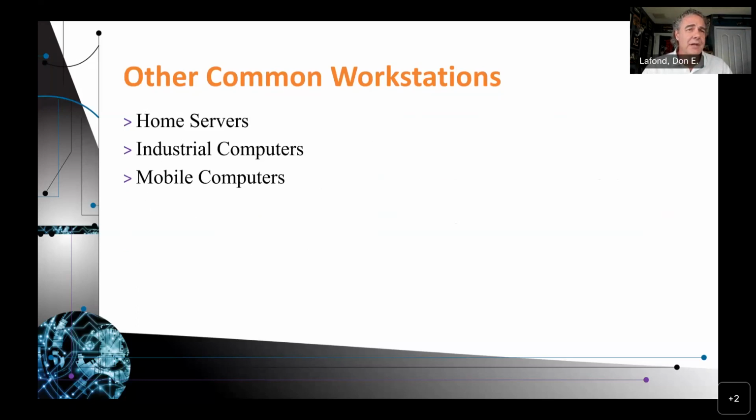Industrial computers are specific computers to whatever the industry that you're currently using. For example, the computers at the bank run the banking software. That's just one example of a computer that could be a high-end workstation, but probably something specific that's running specific software.